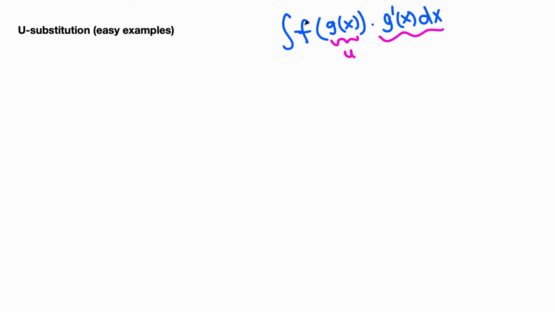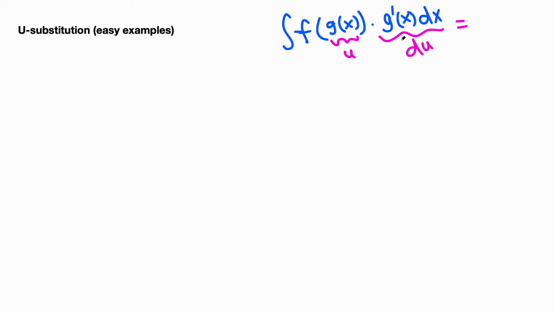U substitution. Let me do some easy examples here. We know that when we have f of some function, a composite function, times outside happens to be another function, let's say it is just the derivative of this with some manipulation, then we said, oh, this is u, and this one, with some manipulation, becomes du.